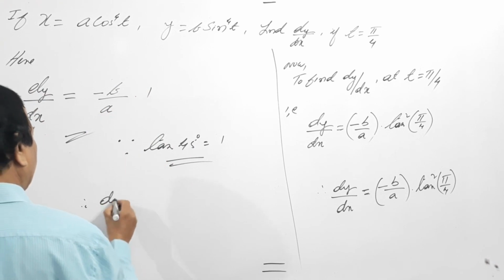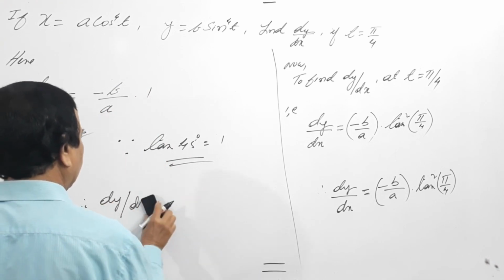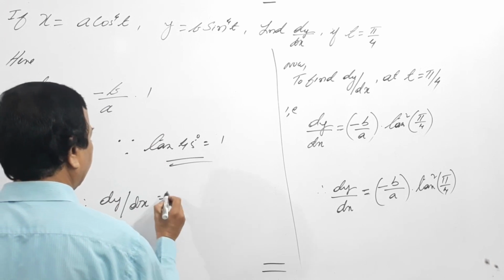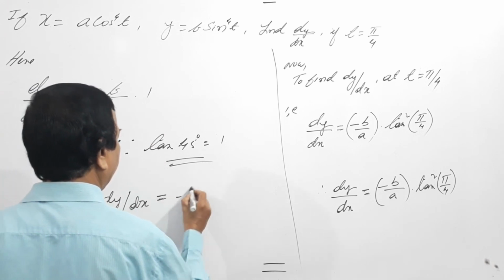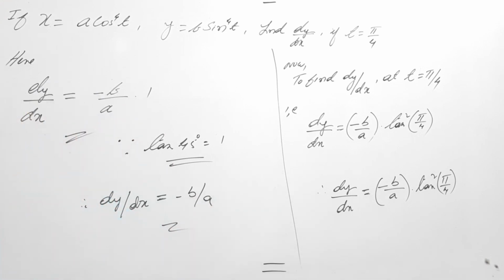Therefore dy by dx equals minus b by a. This is the required answer.